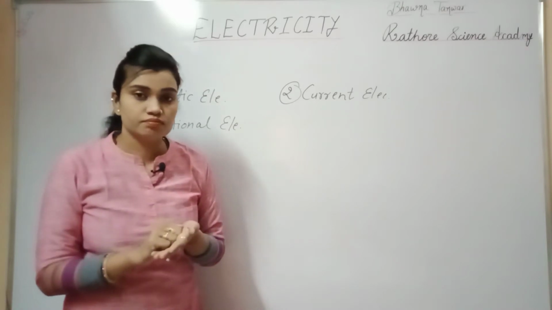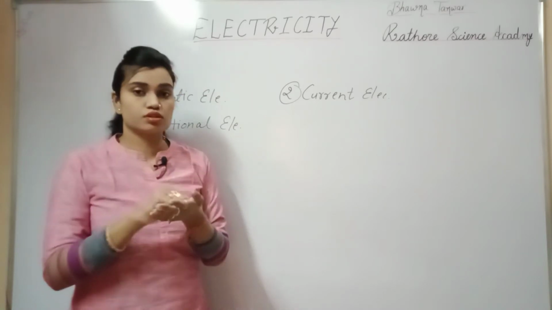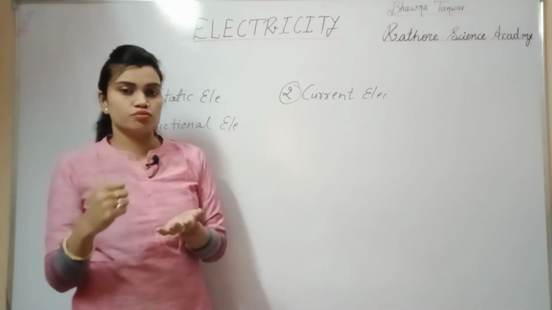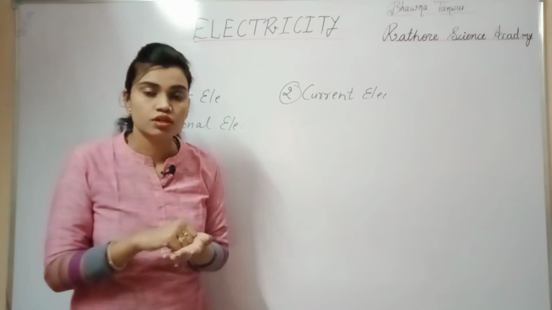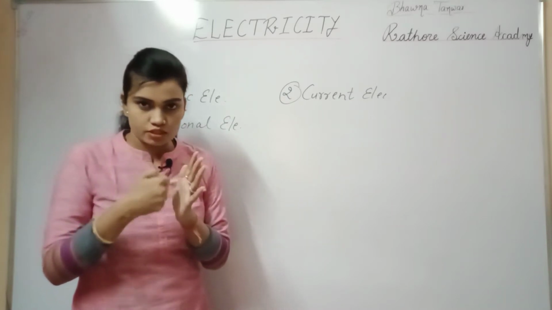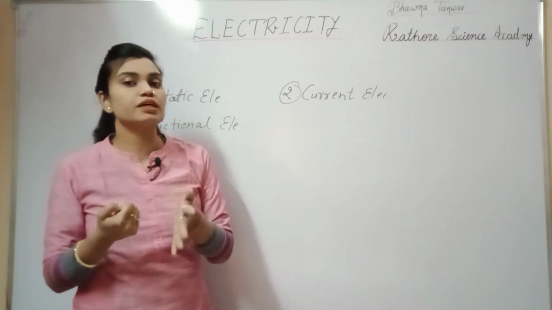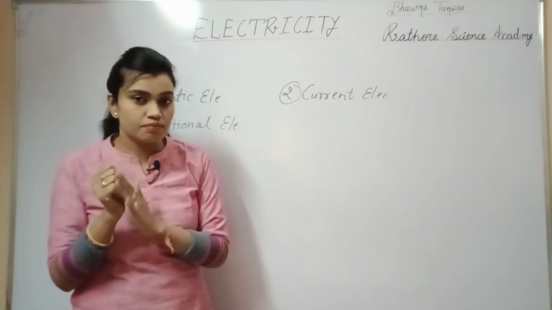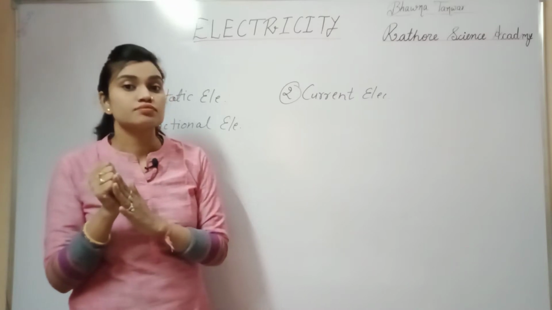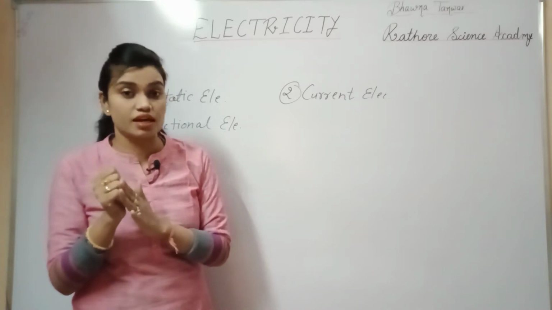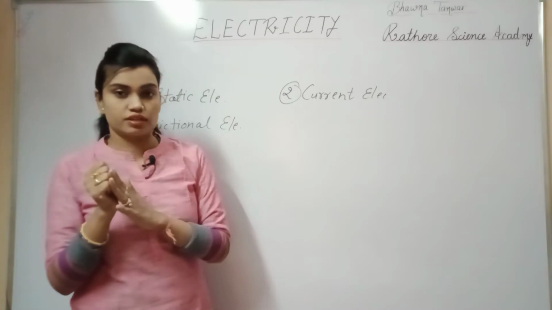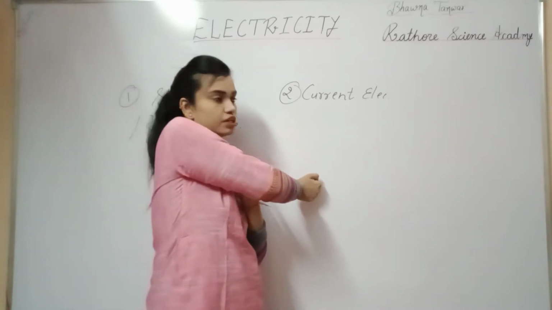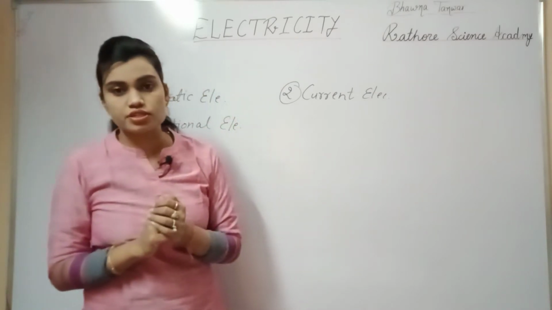While rubbing, the balloon gets more electrons from the woolen cloth. So by donating electrons, the woolen cloth becomes positively charged, and while gaining electrons, the surface of the balloon becomes negatively charged. That means with electrons it becomes negatively charged, and that's why it will stick to the wall.